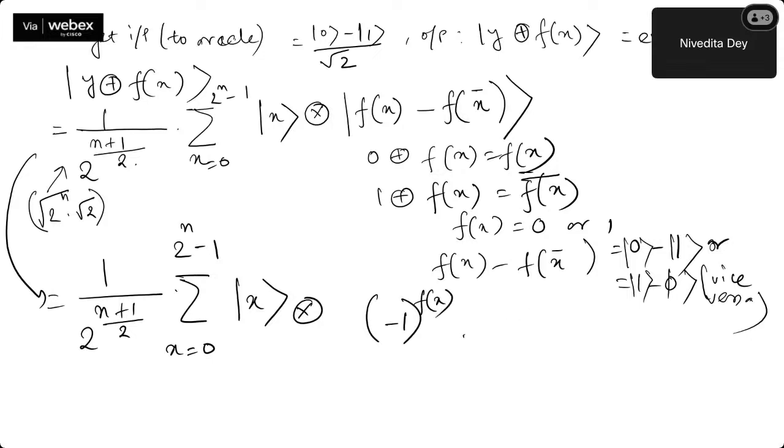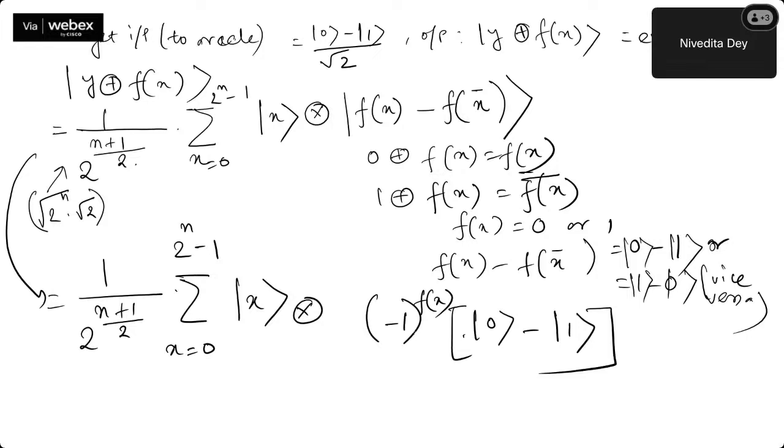Now check if it can be 0 or 1. Based on that symbol I'm writing, times k0 minus k1. Of course, I can write it down because either f x equals 0 or f x equals 1, it will be 0 minus 1 or 1 minus 0. So ultimately it's nothing but f x minus f x bar. So we can write it this way.